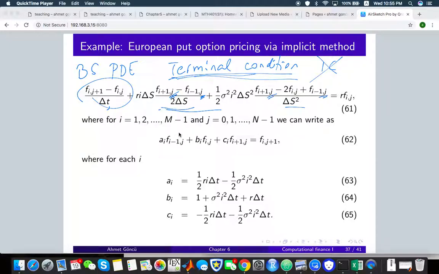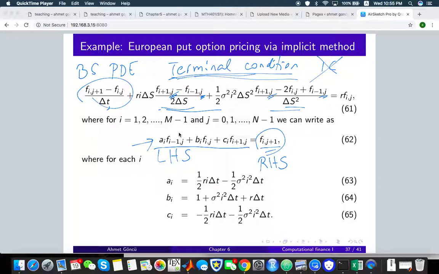So you can just reorganize this. Once you approximate each of these derivatives like this, you can collect all the things that you don't know. As usual, you put on the left hand side what I don't know, and everything I know goes to the right hand side. The only thing that I know is this phi j plus 1 term, because we are going backward this time.